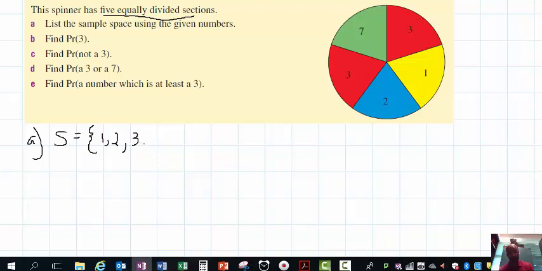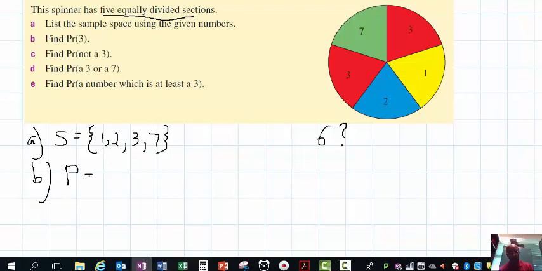Now we've got 2 3s, but we only list it once because it is the same outcome, even though you could probably intuitively tell that it's going to be more likely to happen because there's 2 of those sectors. We only listed it once, and the other one is 7. There's no 4, 5s or 6s there. So that's a list of all the possible outcomes. You wouldn't list 6 there because 6 isn't on there, so it's not part of the sample space.